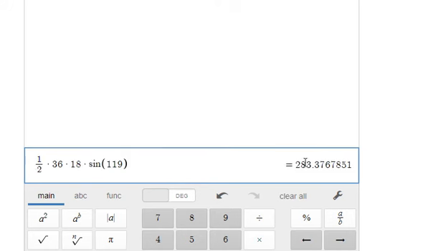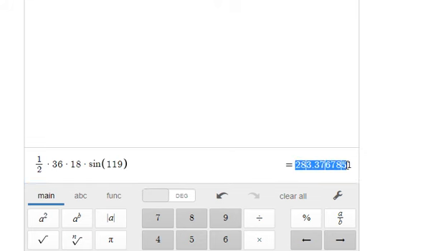So we copy that, we put it in our calculator, and this is our result.